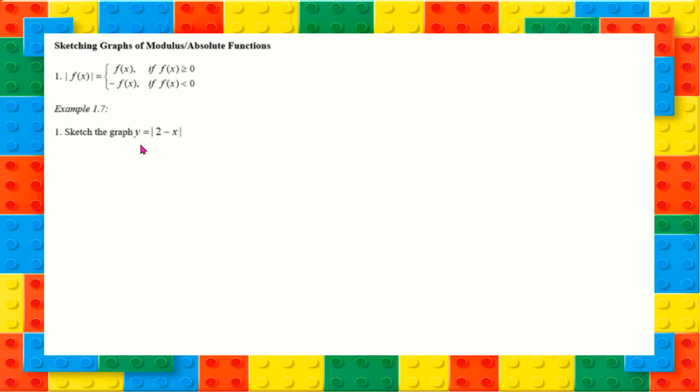Now we take this example. Sketch the graph y equals modulus of 2 minus x. When we compare this modulus with the formula, we can see that f(x) in this example is equal to 2 minus x.